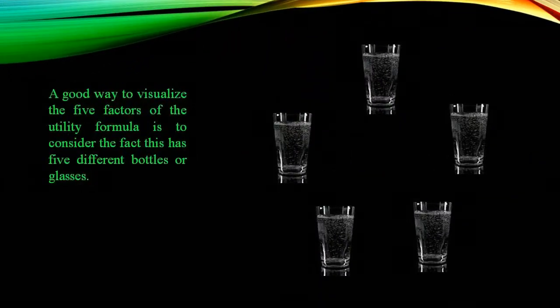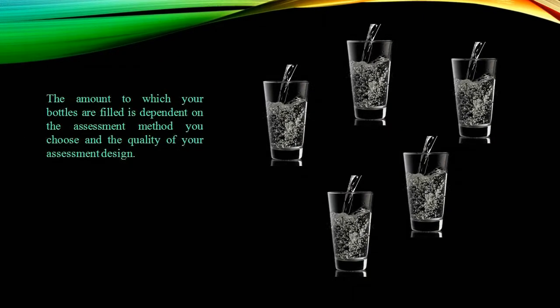A good way to visualize the 5 factors of the utility formula is to consider that this has 5 different bottles or glasses. The amount to which your bottles are filled is dependent on the assessment method you choose and the quality of your assessment design.